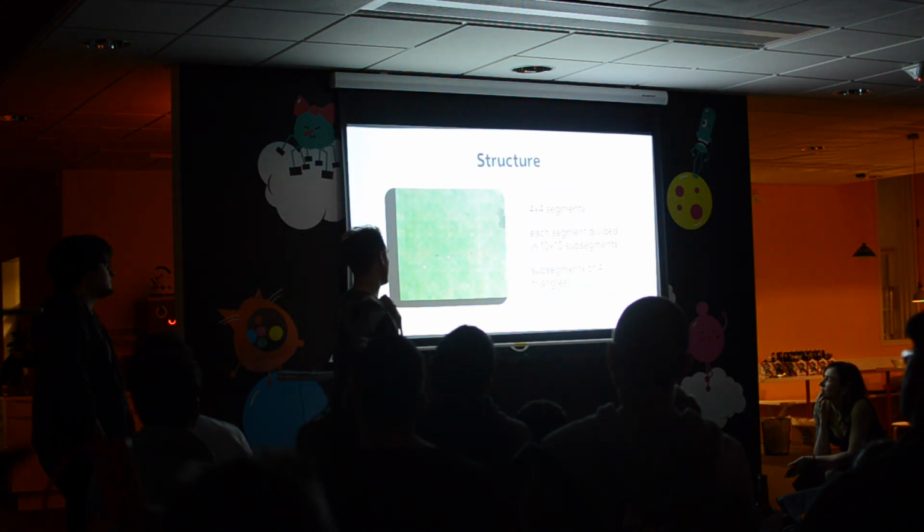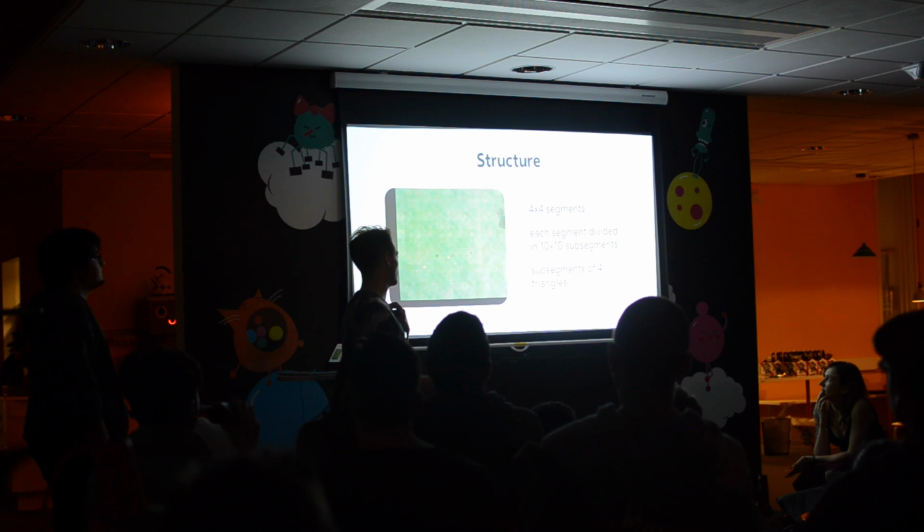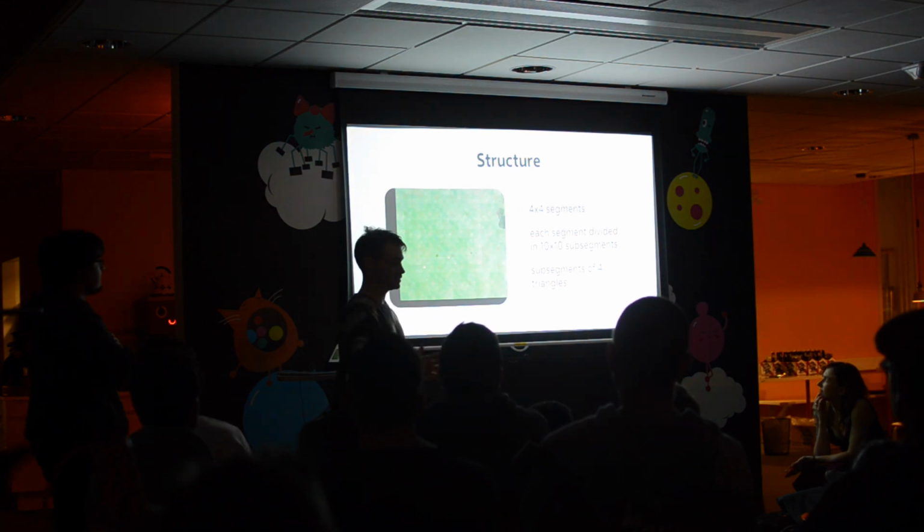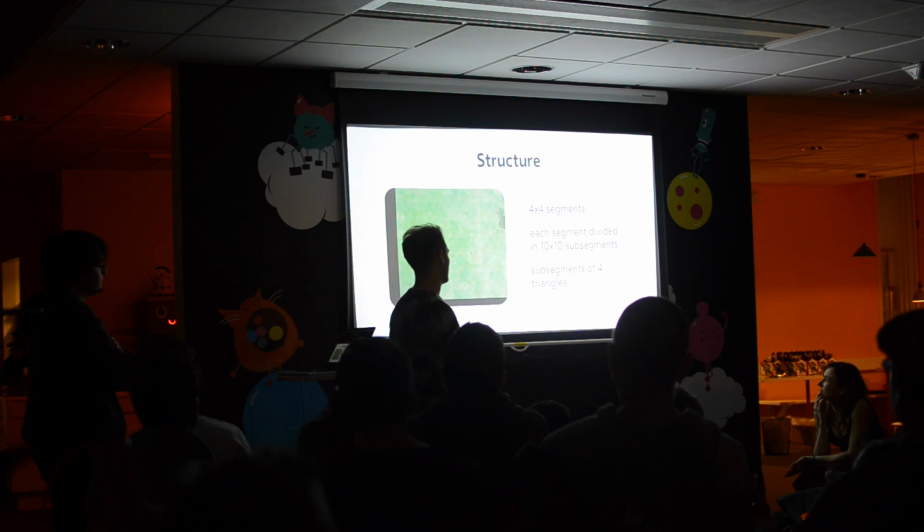So the terrain is divided into 4x4 segments along the map. Each consists of a 10 by 10 subgrid, and each of those has 4 triangles representing the geometry.